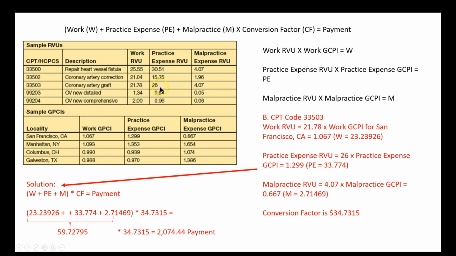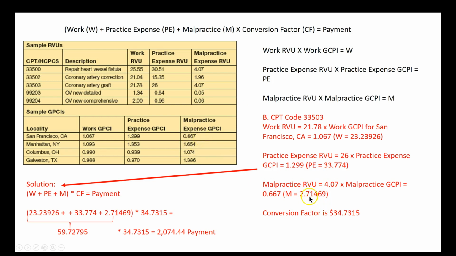Next, for that procedure, we use the practice expense, which is 26, times the geographic index unit, which is 1.299, and that gives us 33.774. Finally, the malpractice is going to be 4.07 times the geographic adjustment, 0.667.